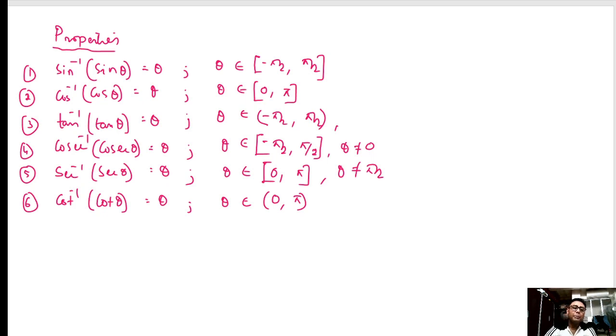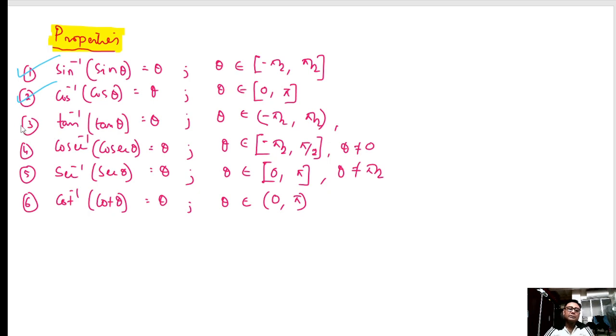Next is properties, which is again a very important part. Sine inverse of sine theta is theta, and please remember theta will lie between minus pi by 2 to pi by 2. Already we have done these. Cos inverse of cos theta is theta, and it is again 0 to pi.